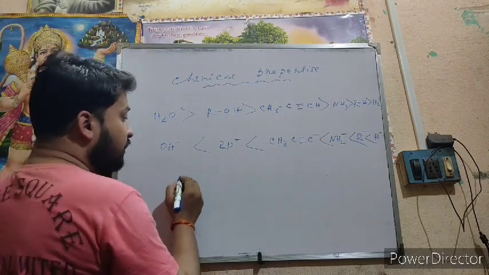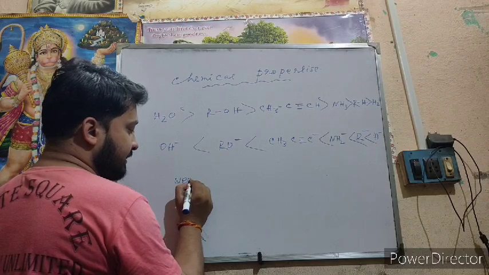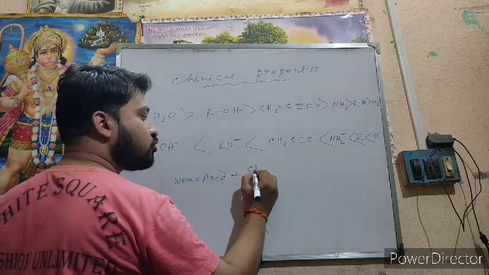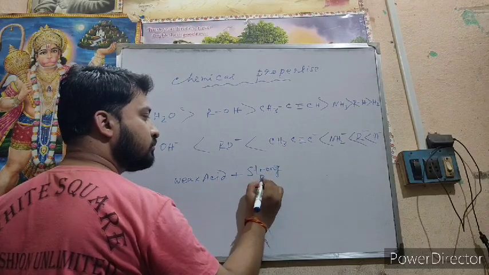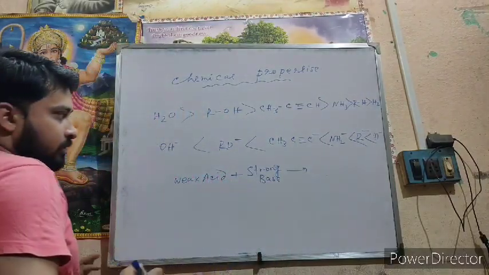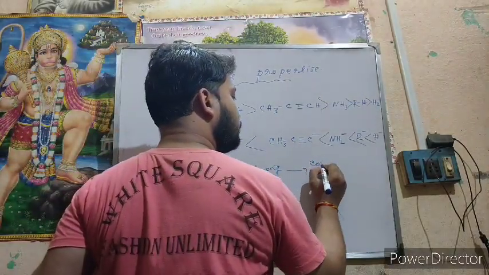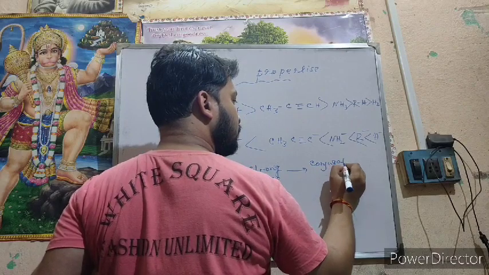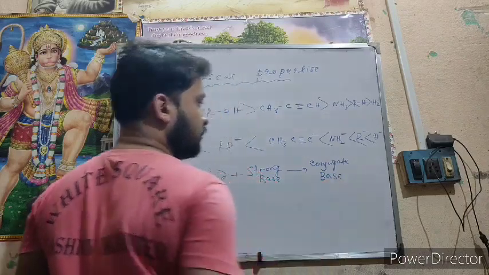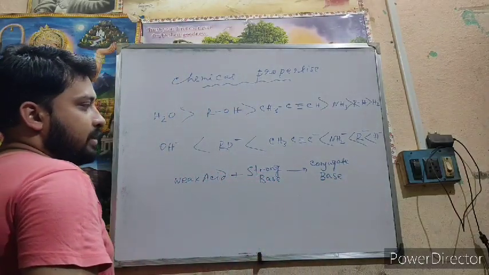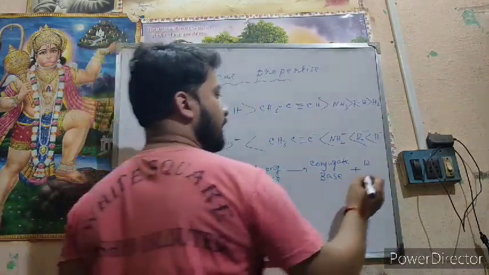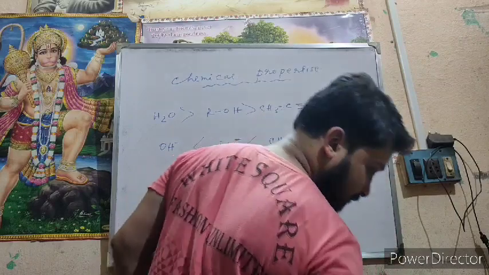Why? If you take a weak acid and it reacts with a strong base, then you get a conjugate base and a weak conjugate acid.